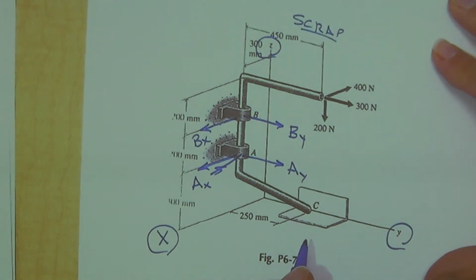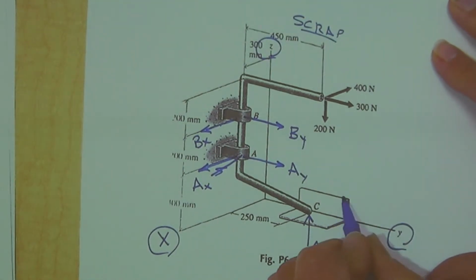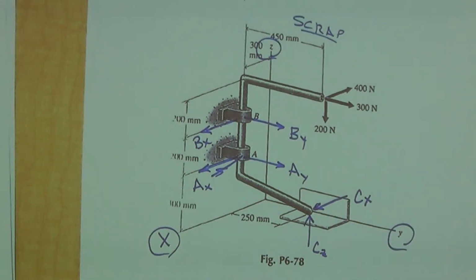So one going up towards the bar. Right? So let's call that CZ. And then one going towards you out of the page. The X or Y? X, X. CX. Did I draw them in the right directions? Eric?